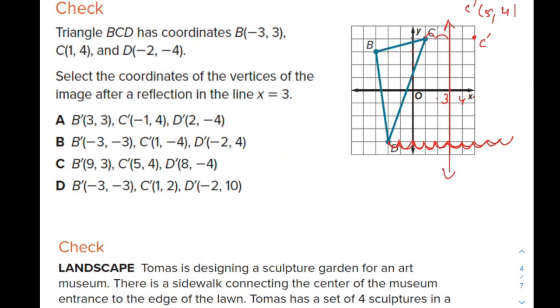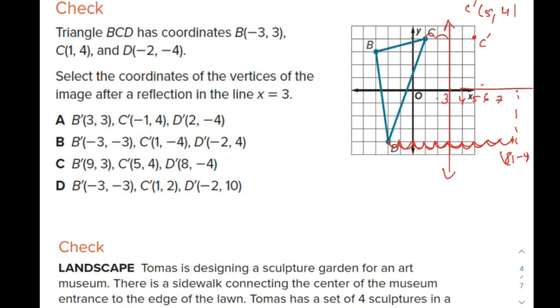So 4, 5, 6, 7, and you can add until it reaches 8. So this will be 8 and -4 actually. You can try and you can check. Of course, if the graph paper is full, it's easier for you.